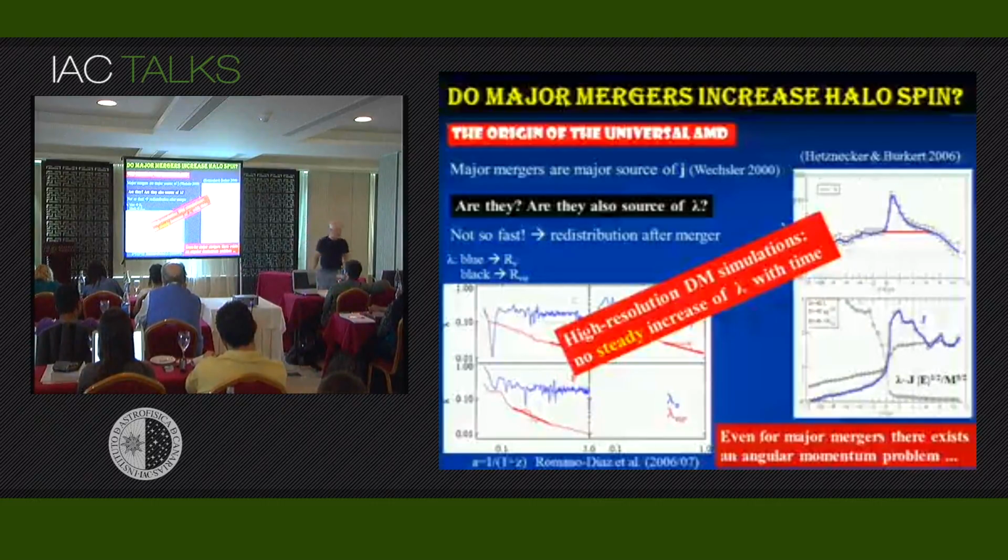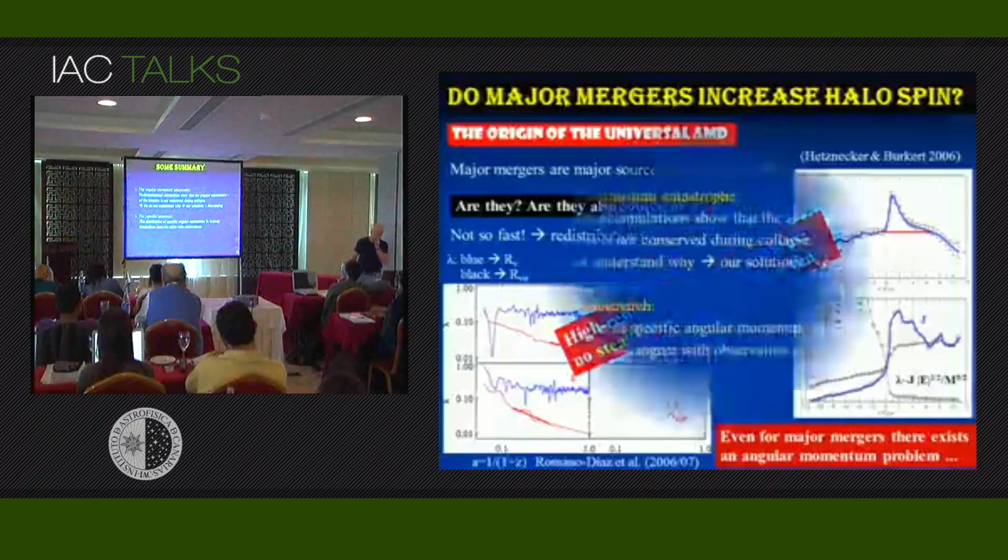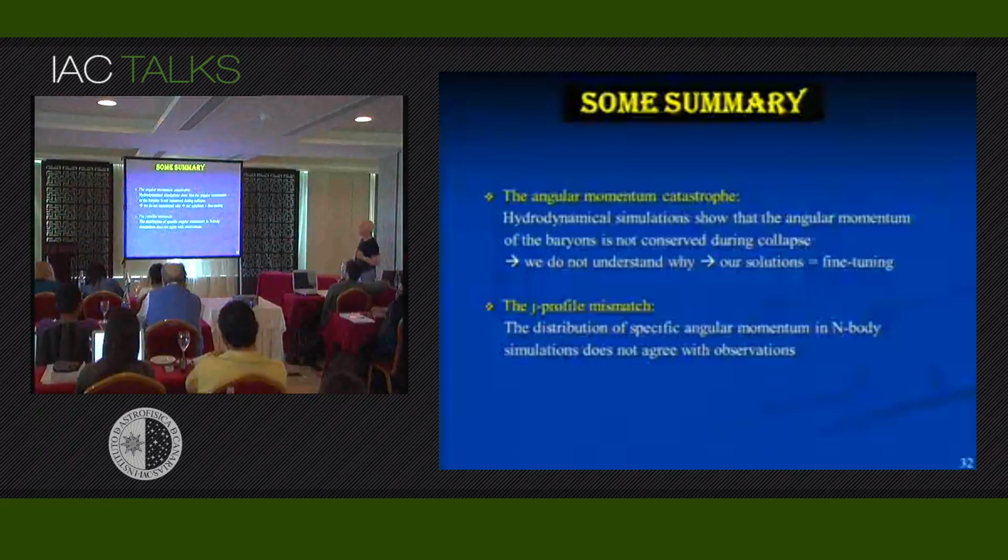And so the net response is here. So from high-resolution dark matter simulations, there is no steady increase of the spin of the system with time.